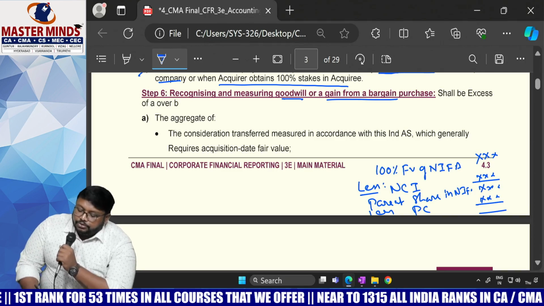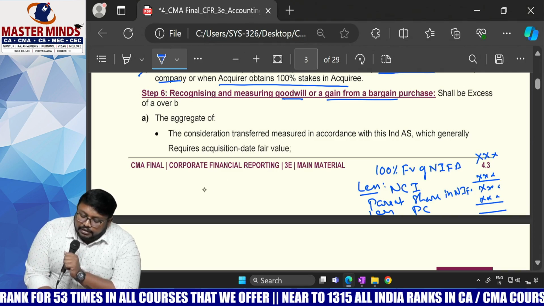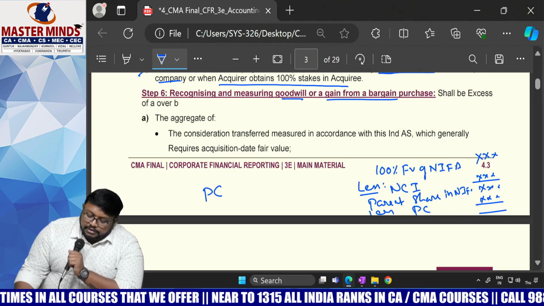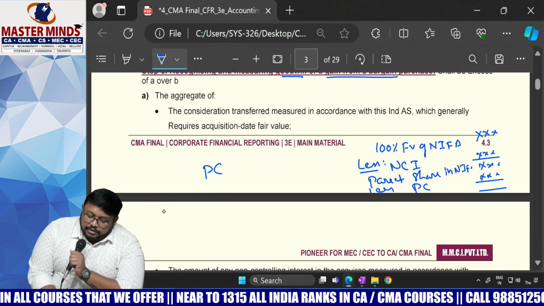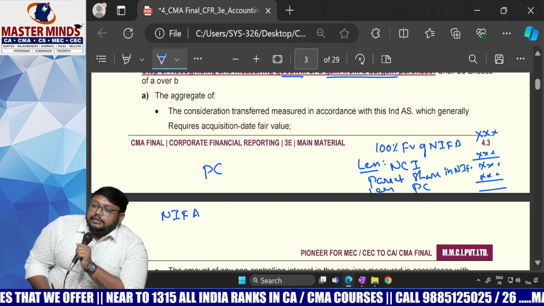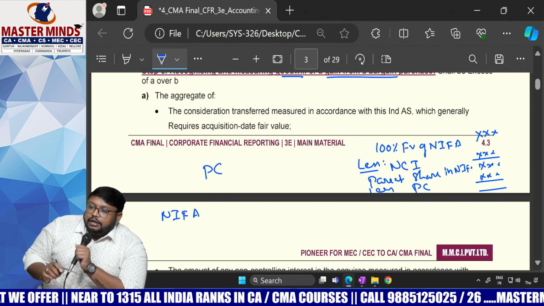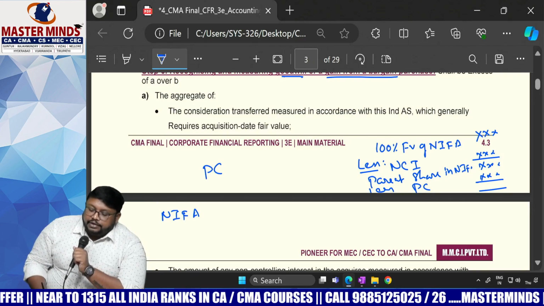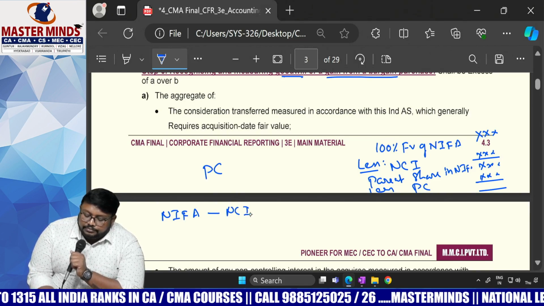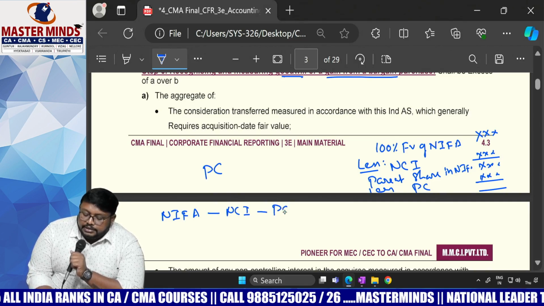Or otherwise, you can do one thing. In a simple shortcut, we can say net identifiable assets, meaning 100% value and also fair value of net assets, minus NCI minus purchase consideration.